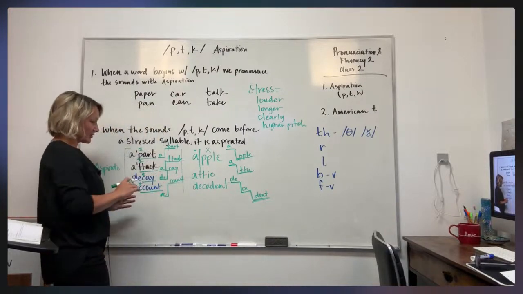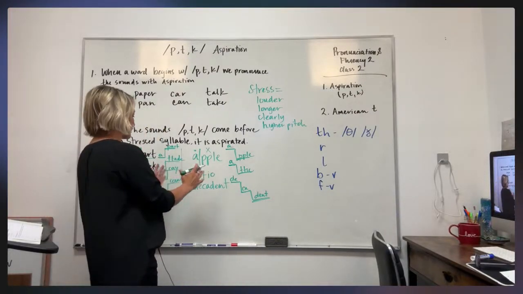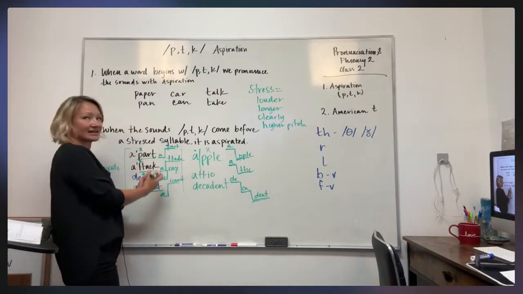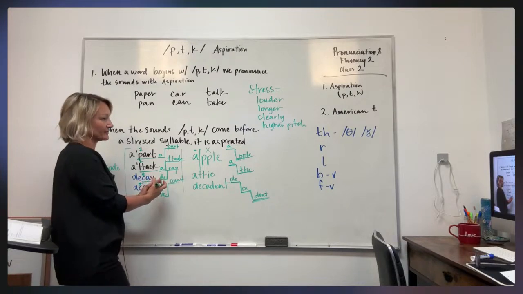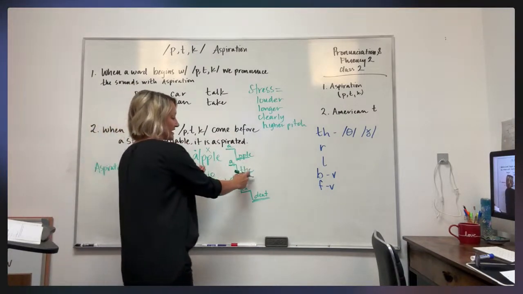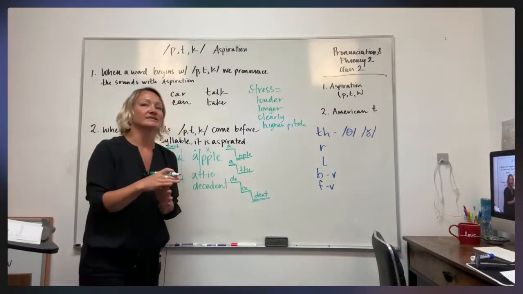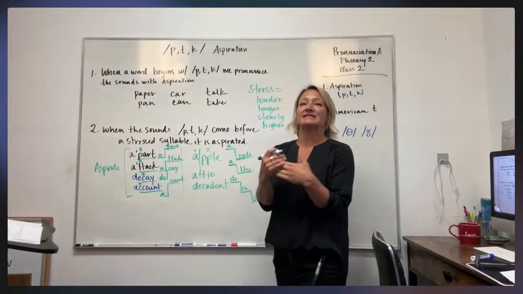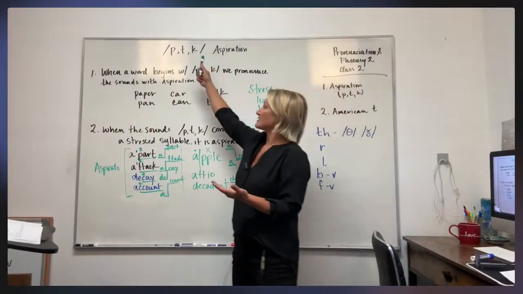Okay, so these are opposites, right? What happens here is we've got an unstressed syllable and then the stressed syllable, okay? Here we've got stress on the first syllable and the second syllable does not have stress. And so what we're looking at here is what happens differently with these 3 sounds.